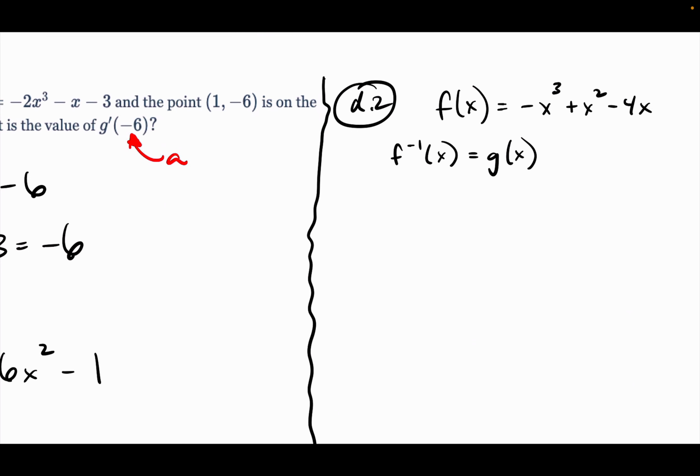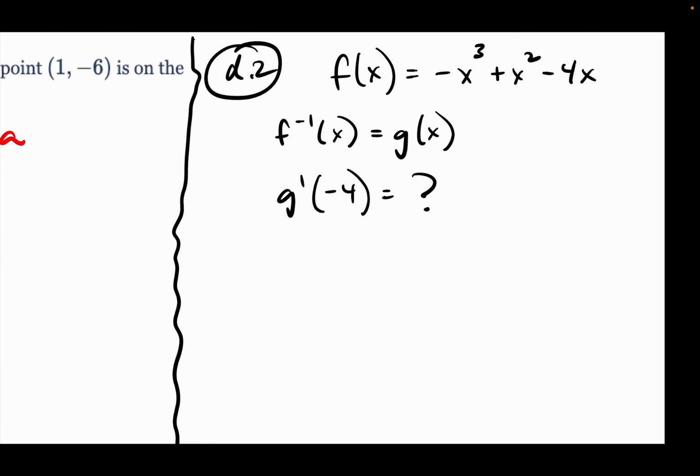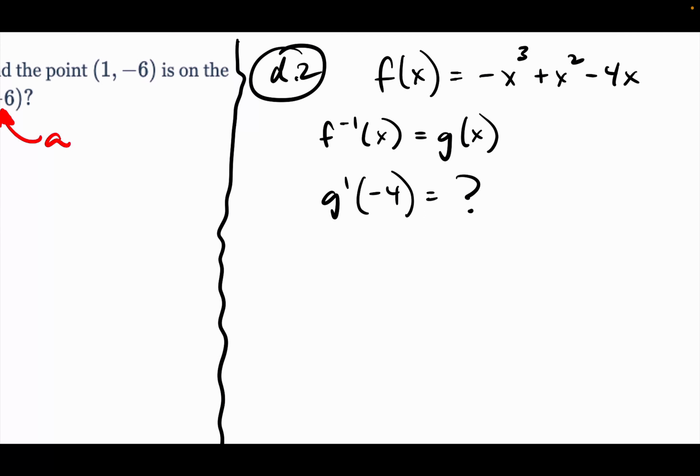So g of x is the inverse. And then the question says g prime of negative 4 equals what? This will be the last one we do today.